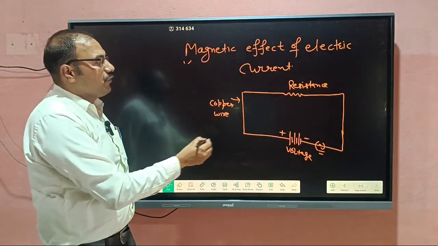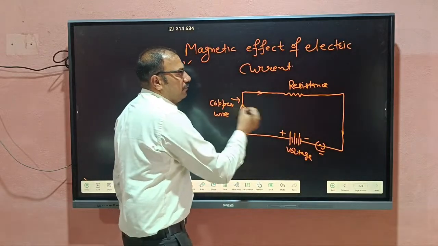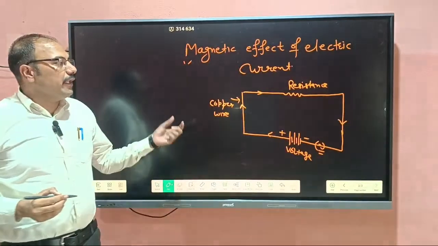Here the electric current flows from positive to negative direction. So what happened here? A magnetic field is produced.